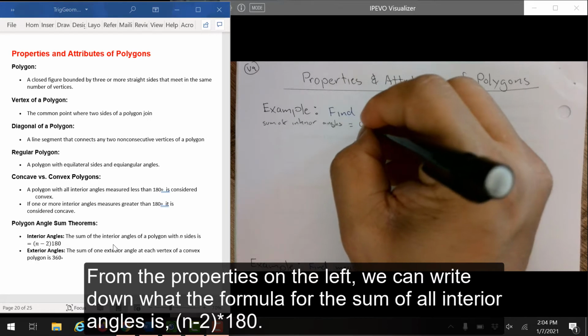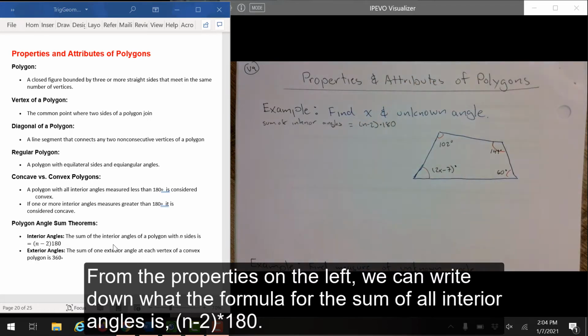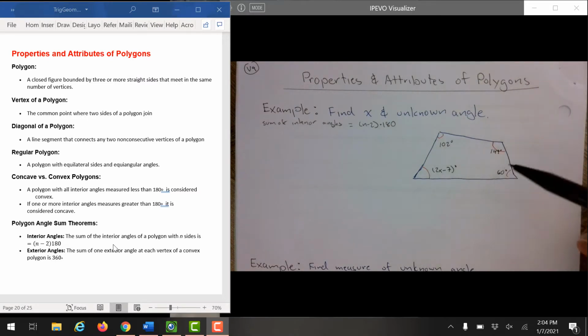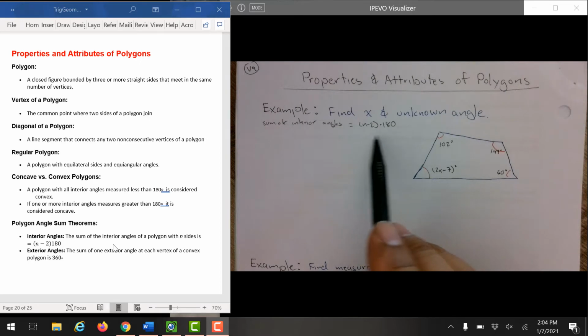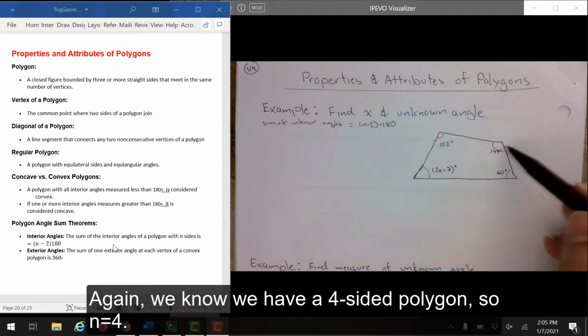N minus 2 times 180. Again, we know we have a four-sided polygon, so n equals 4.